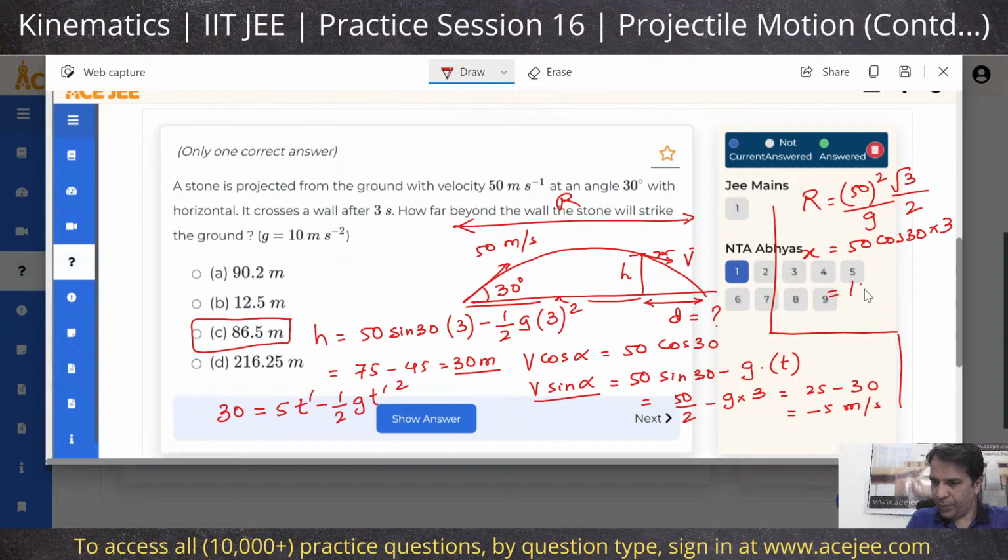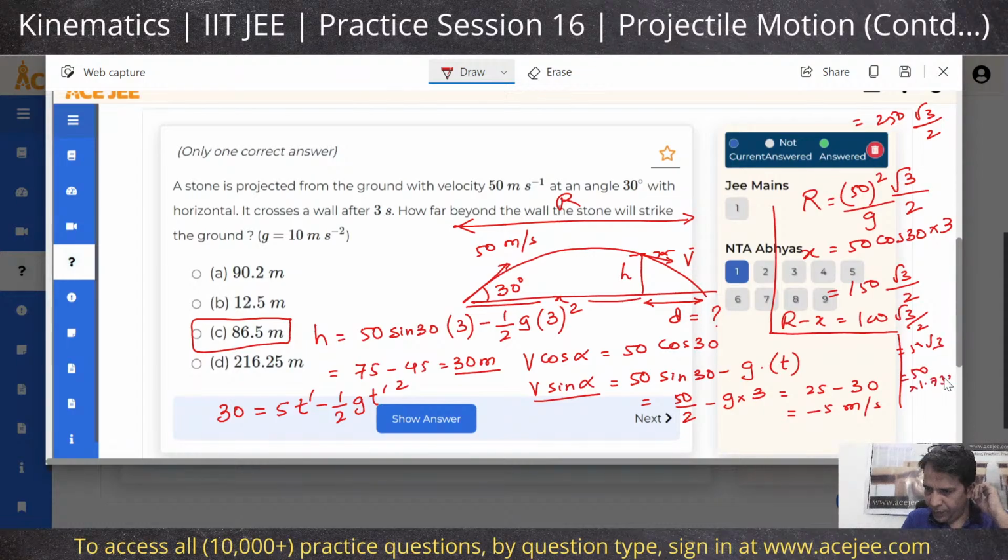So that is 150 root 3 by 2. I think that's what you guys are saying, correct? So the difference of the two, R minus x, is 100 root 3 by 2 or 50 root 3. So 50 into 1.732, 86.5.